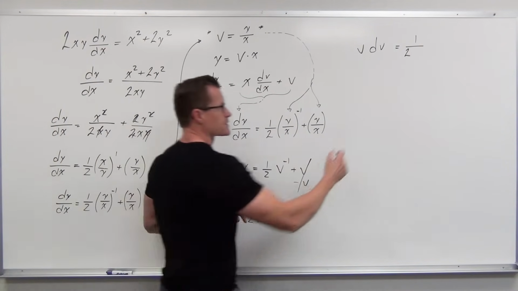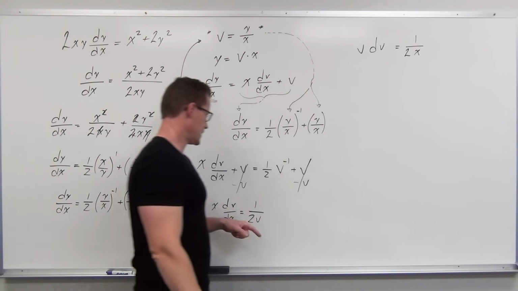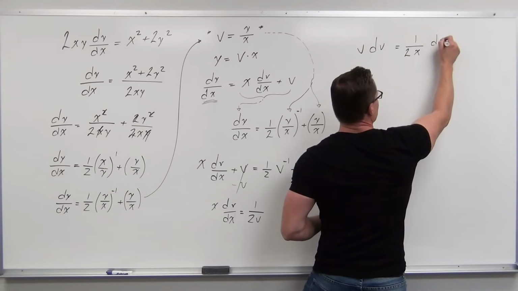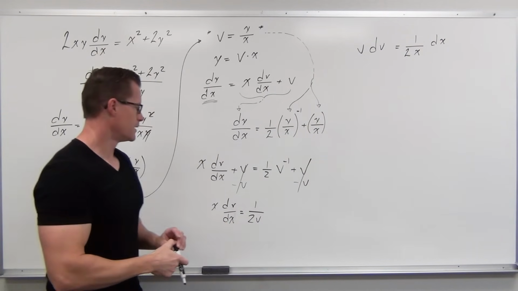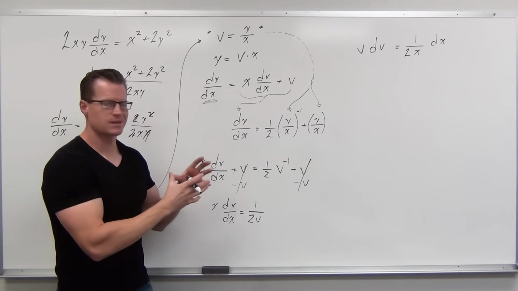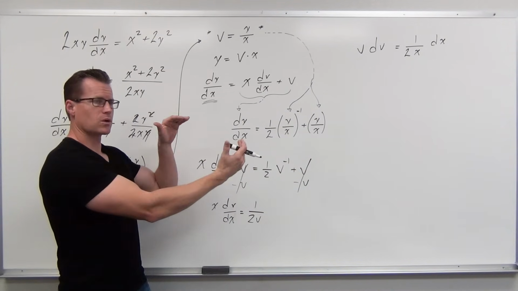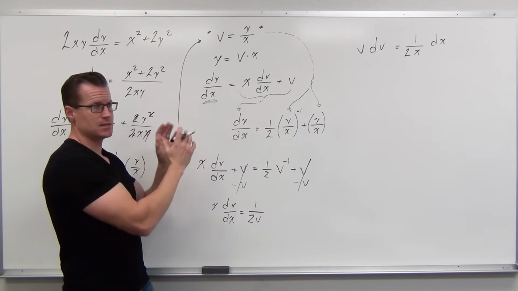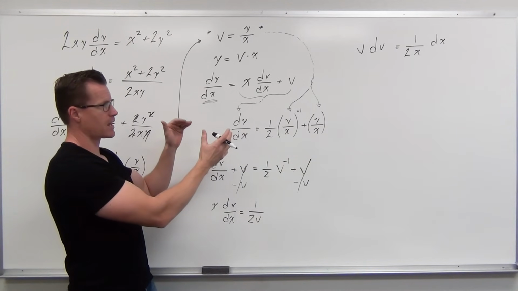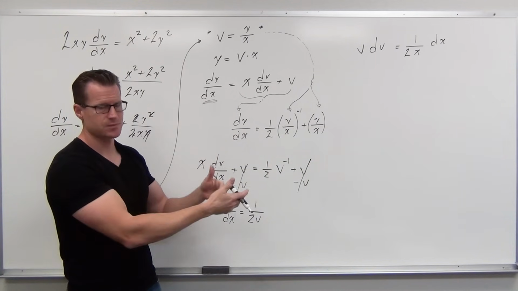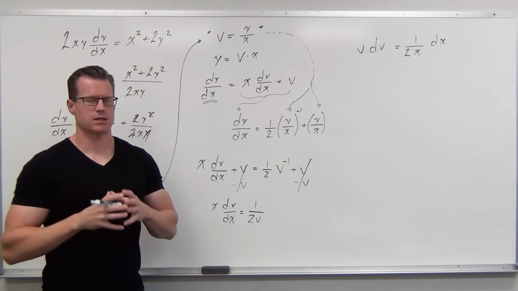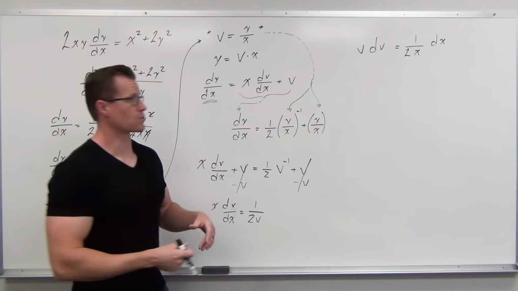If we divide by x, we'd have 1 over 2x. If we multiply by the dx, we get, and hopefully you can do this on your own, we're just structuring our variables in the place that they need to be for separable equations. Your dependent variable, so v dv in this case, and then on the right-hand side, your independent variable with dx, so 1 over 2x dx. And now, man, we should be really familiar with this. We've done a ton of examples on this. Just take an integral.